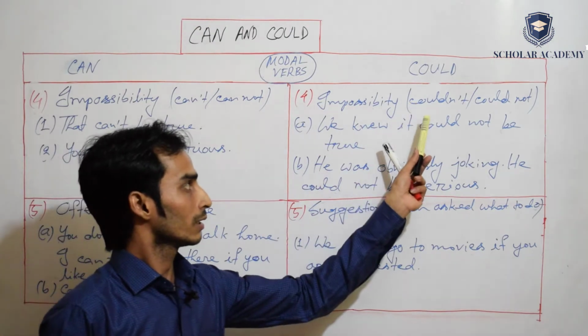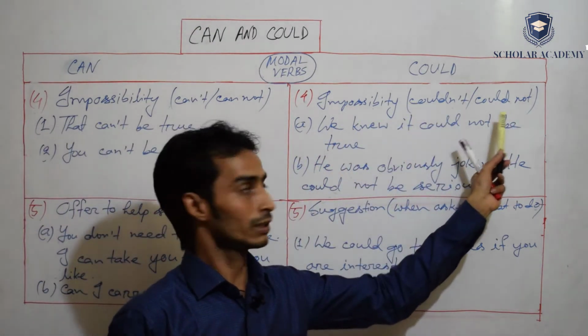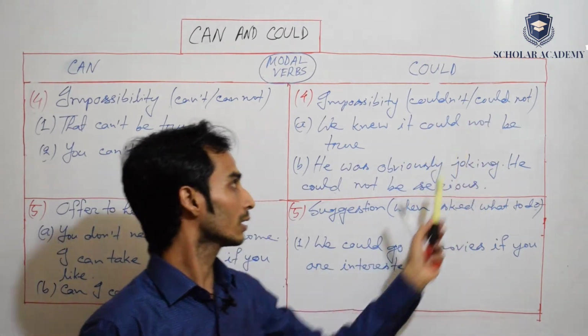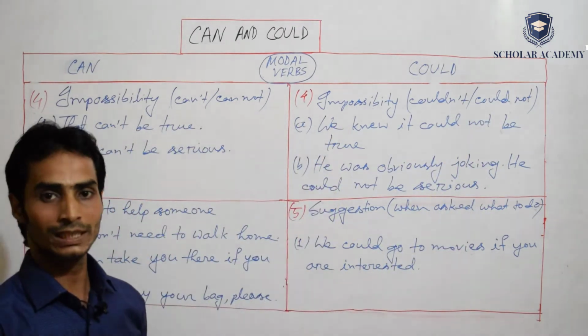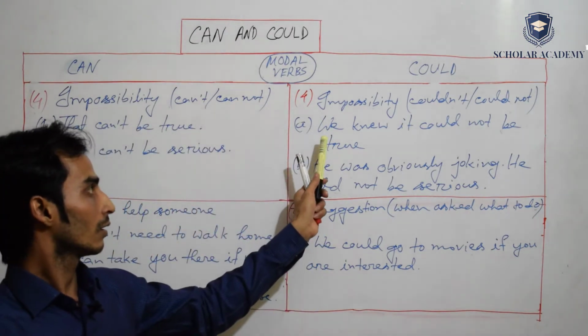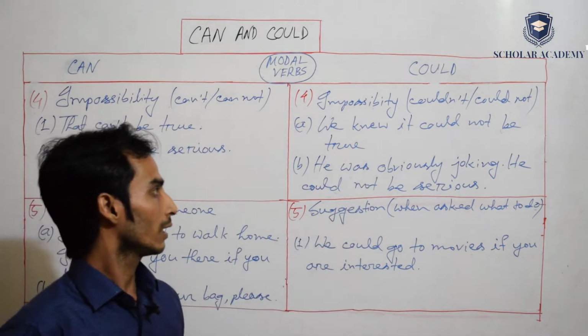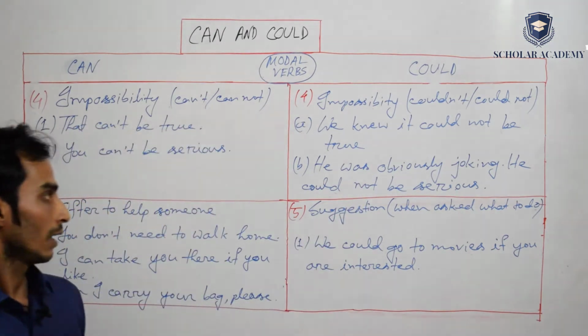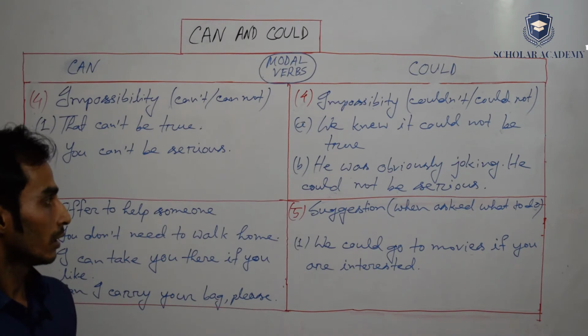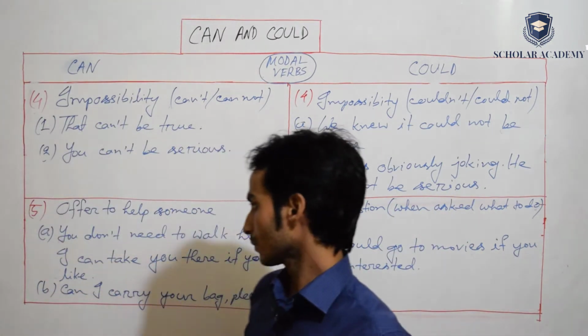You use the negative couldn't or could not to talk about the impossibility in the past. So let's look at some examples. We knew it could not be true. Another example is, he was obviously joking. He could not be serious.